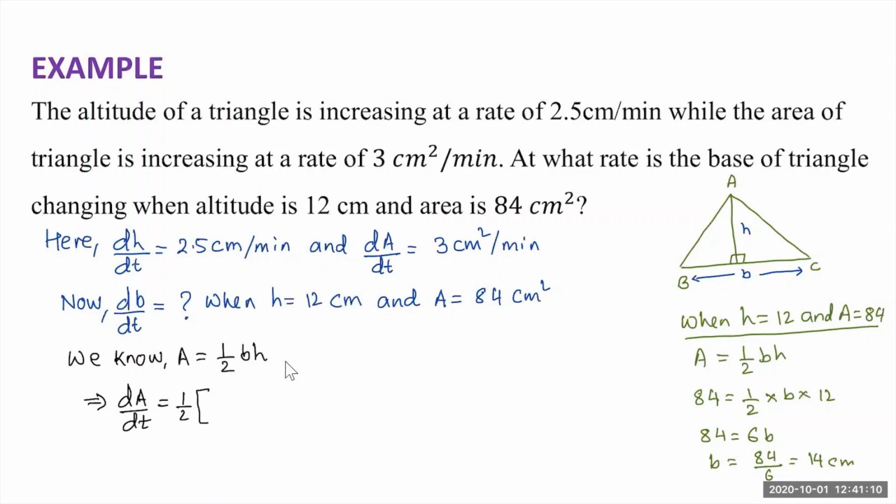So you have to use the product rule. The product rule says: first function, base, times the derivative of the second, the derivative of height with respect to time, that is dH over dt, plus the second function, the height, multiplied by the derivative of the first, the derivative of base with respect to time.